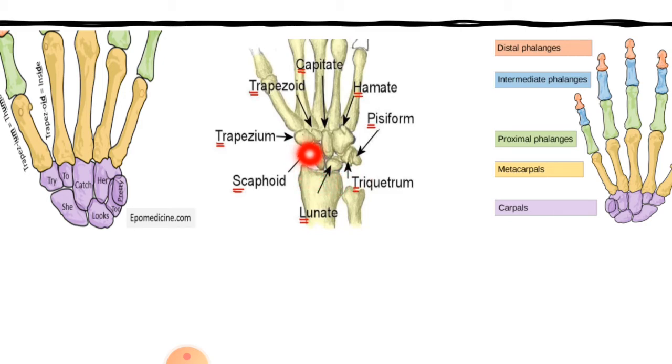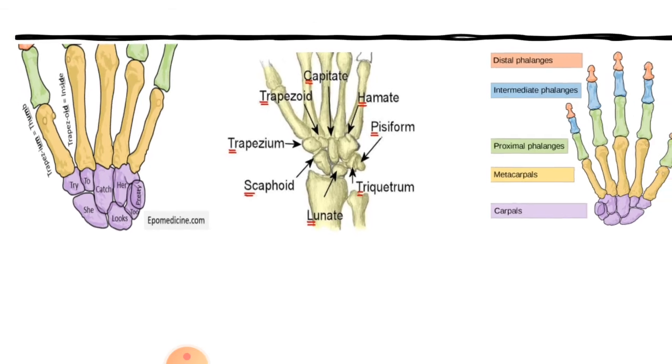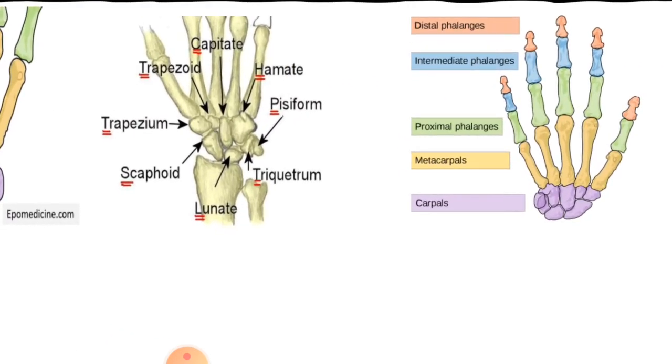At the distal row you can appreciate 4 bones: the trapezium, trapezoid, capitate, and hamate. To remember these carpal bones, there is a mnemonic that can help you to memorize the sequence.